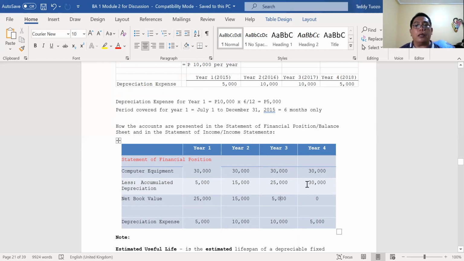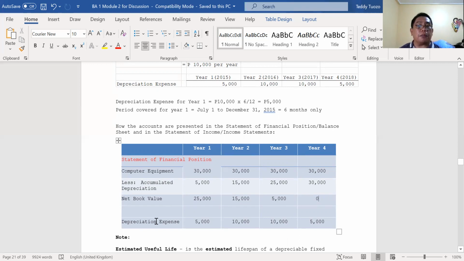Then year 4, the computer equipment is still 30,000 historical cost. The accumulated depreciation is now the sum of 5,000 plus 10,000 plus 10,000 plus 5,000, which is 30,000. So the net book value is now 0.